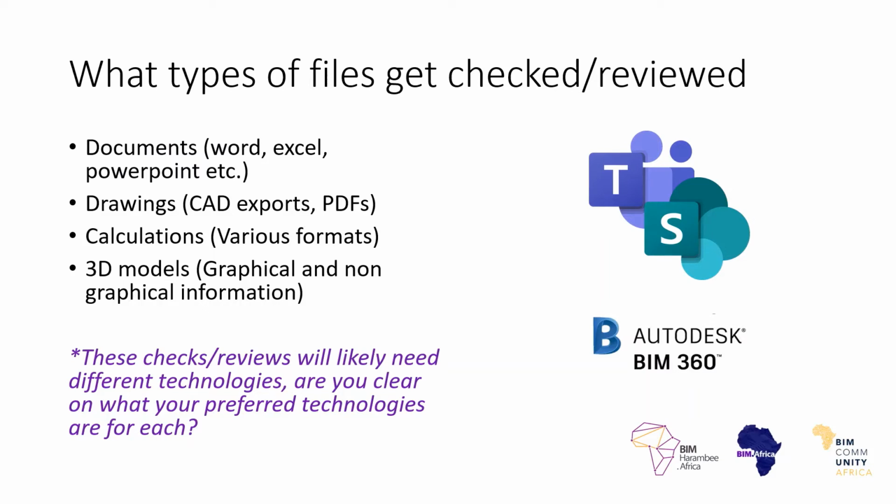We generally find that doing checks and reviews in the native format of a file is always best. That definitely is the case with Word documents and Excel, where you obviously have products like Microsoft 365 or Office 365, where you've got various review functions within those platforms.